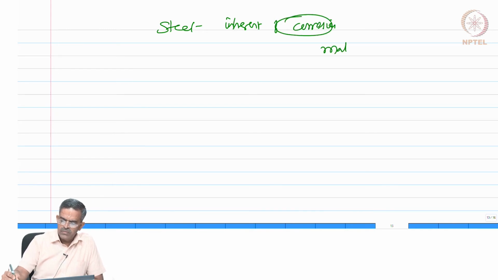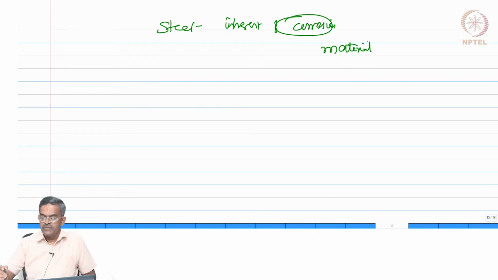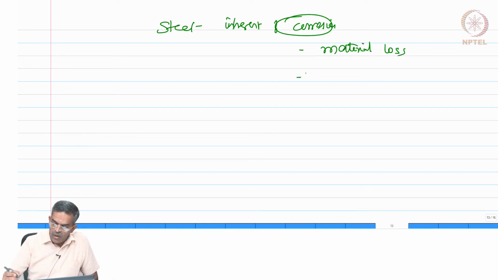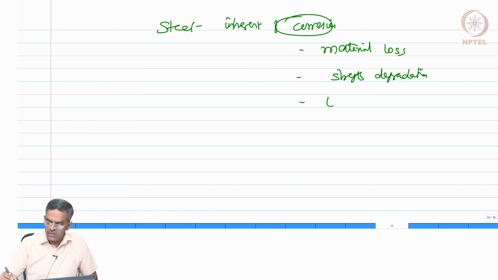So, corrosion as per the material science is material loss, and we know a corroded element will have strength degradation, and corrosion is a time variant process and it is severe in marine environment.